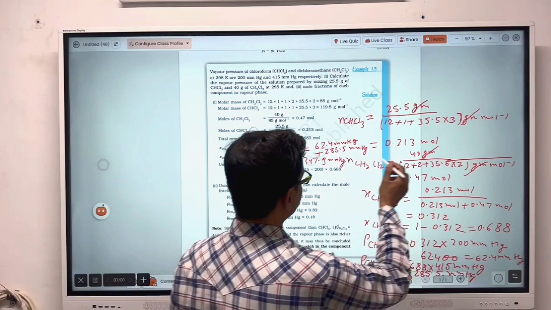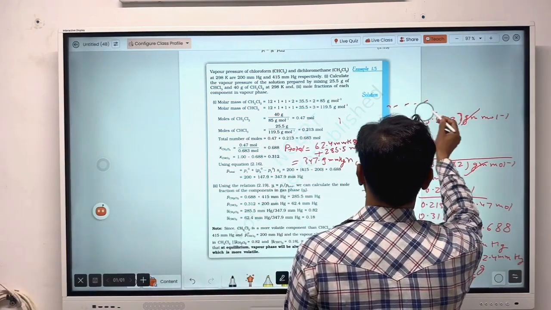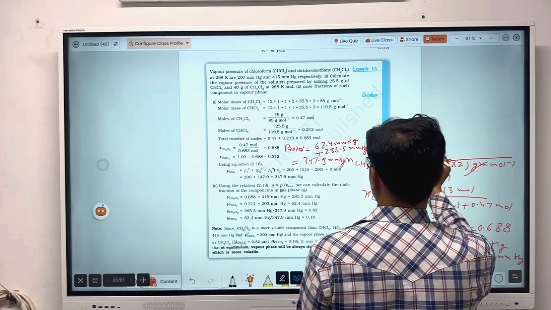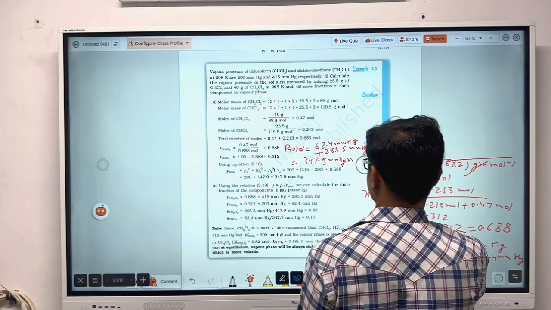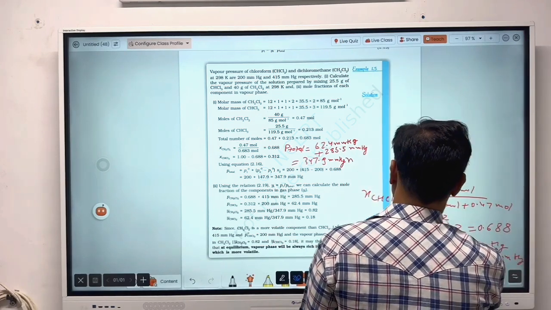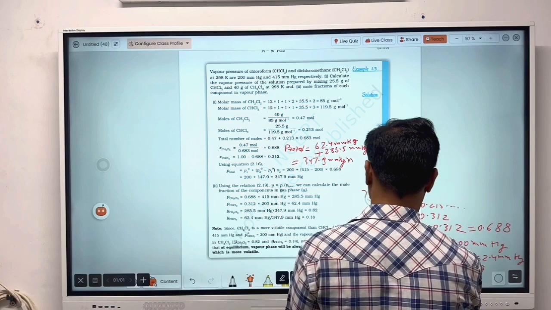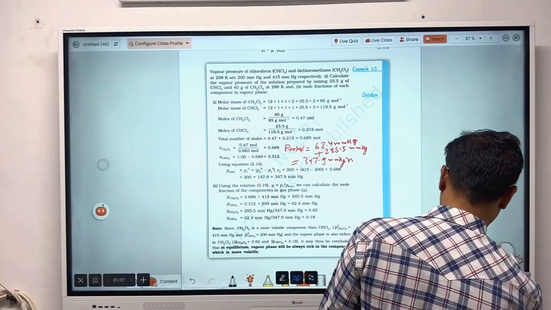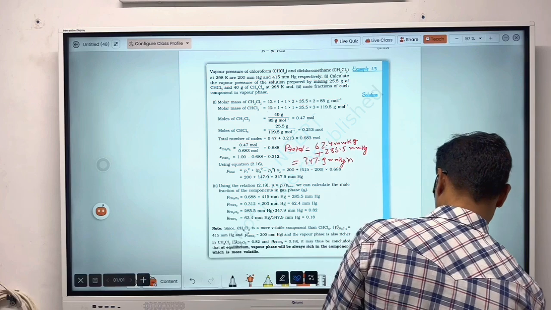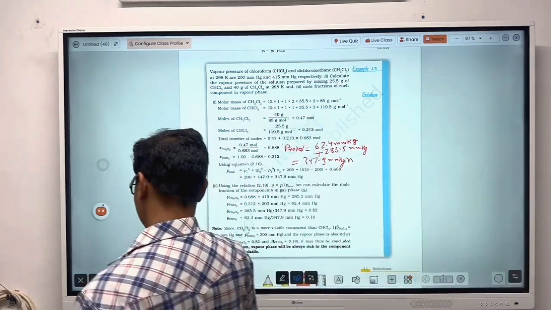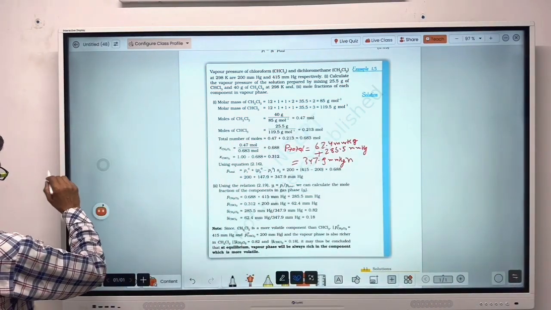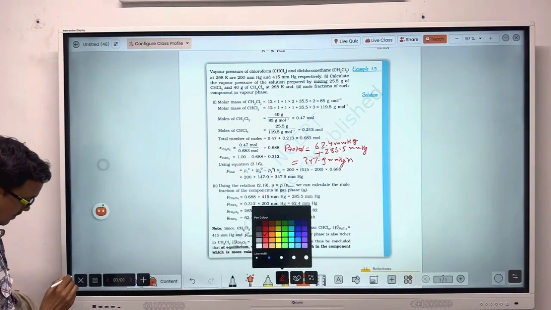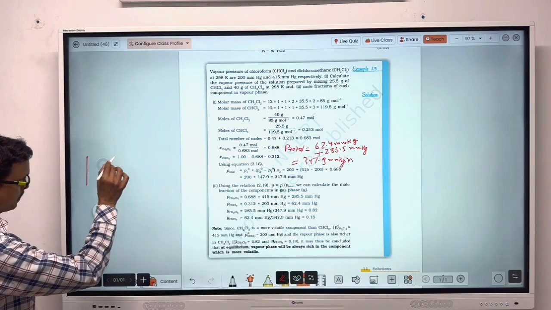So P total, this one we need, so that's why I am keeping this and erasing the remaining here. Now let's see what will be the partial vapor pressure of this one in vapor. What the meaning is actually here. That means it is a solution.